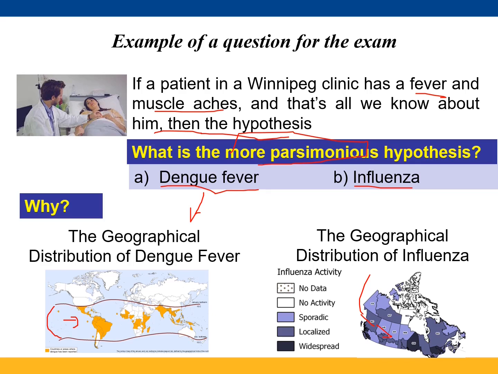So the most likely in this case is that this person has influenza, if she hasn't traveled to some of these countries and has spent all the time here. Why? Because it's the most parsimonious hypothesis, because it's the one that requires fewer assumptions.